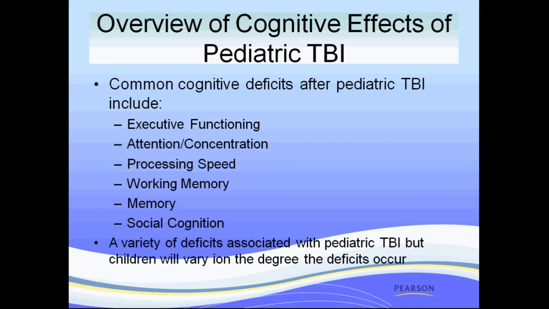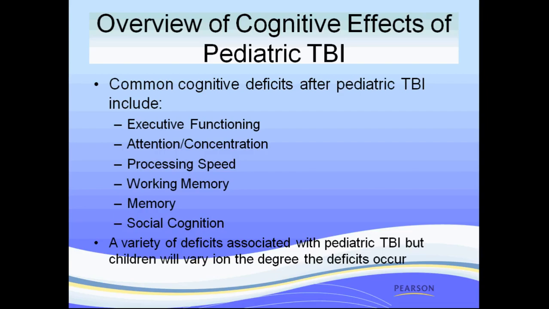Cognitive deficits that are often experienced by children after a traumatic brain injury include deficits in executive functioning, which we'll talk about more later, attention and concentration, processing speed, working memory, and social cognition. Of all of these, probably working memory is the one that ends up being most intact, but it depends on how you assess that skill.